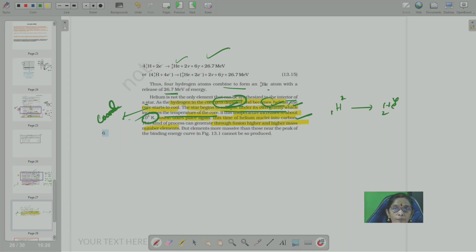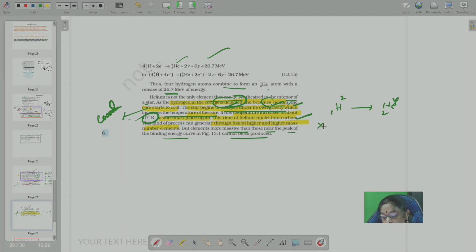When hydrogen becomes helium, the core starts to cool, the star begins to collapse, and this increases the temperature. When it reaches 10 power 8 Kelvin, helium nuclei are converted into carbon. This kind of process can generate, through fusion, higher and higher mass number elements. But elements more massive than those near the peak of the binding energy curve cannot be so produced.